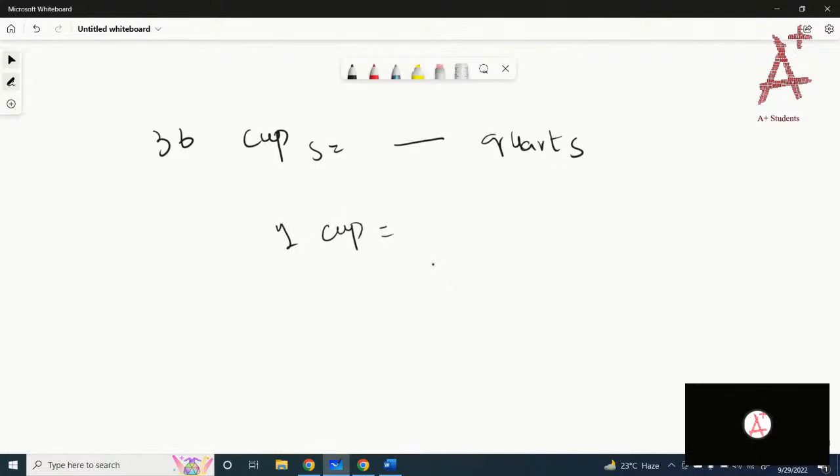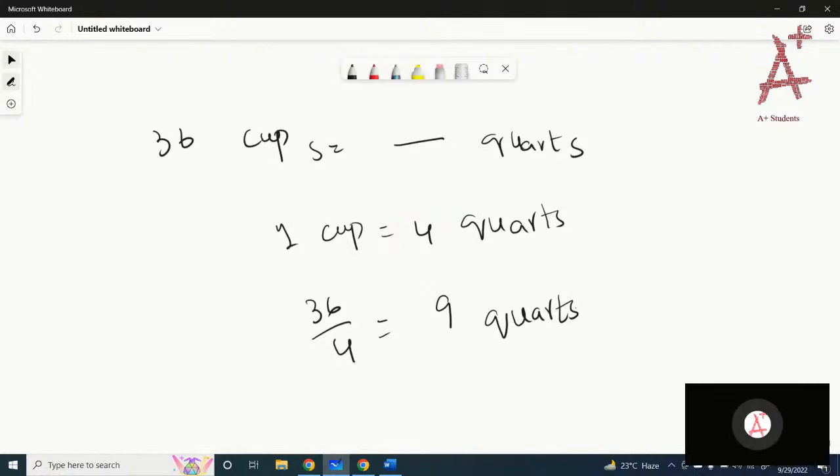So we are converting from cups to quarts, and we have to divide 36 by 4. That means 36 cups equals 9 quarts. Got it?